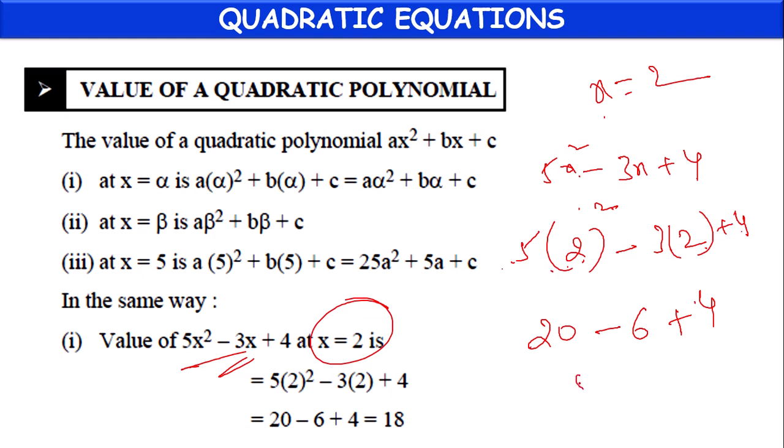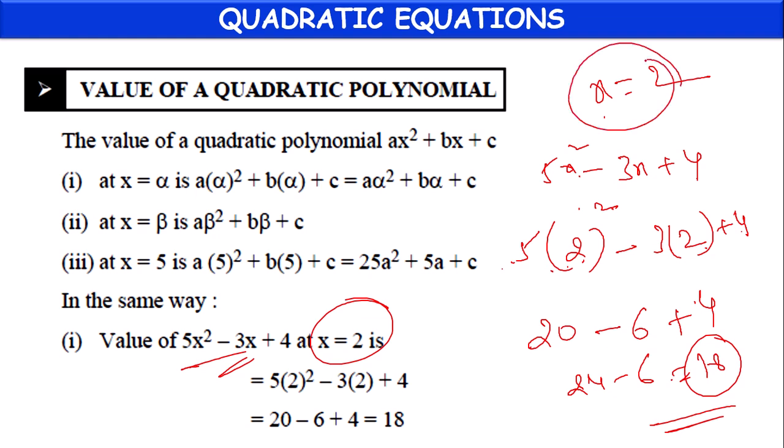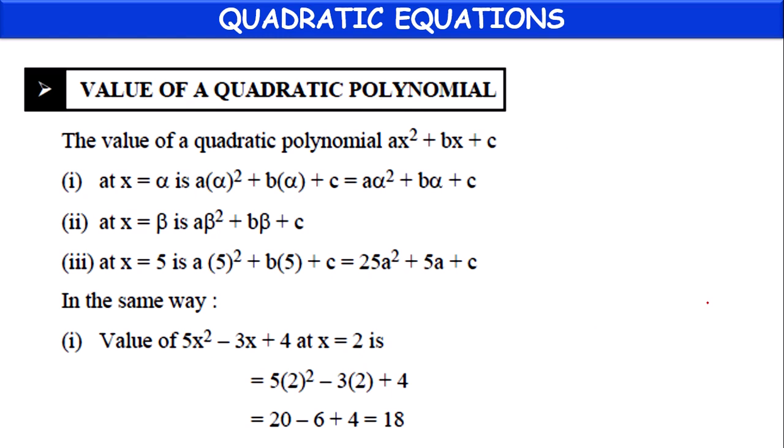So 20 plus 4 is 24, minus 6 equals 18. Like that, when x equals 2, the value of the quadratic polynomial is 18. Like that, we can find the value of a quadratic polynomial when the variable value is given. That is one concept.